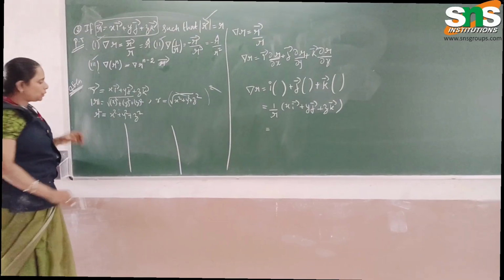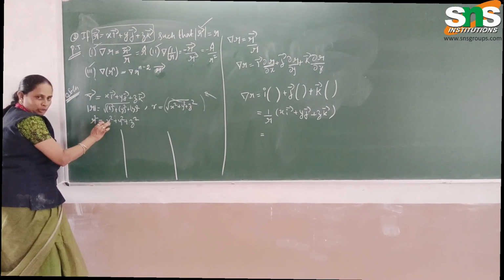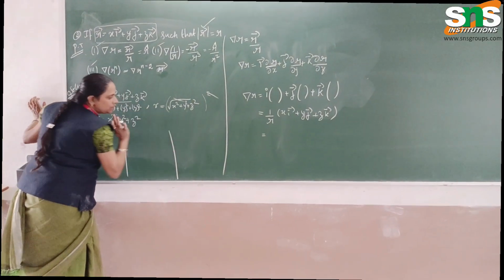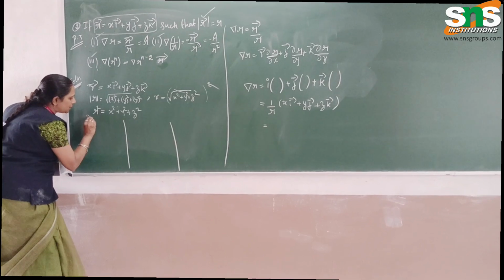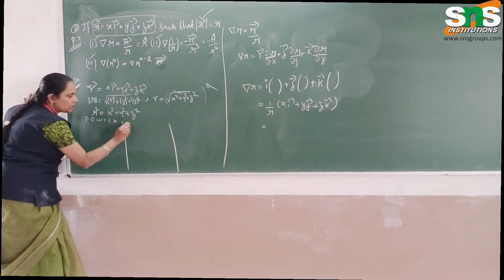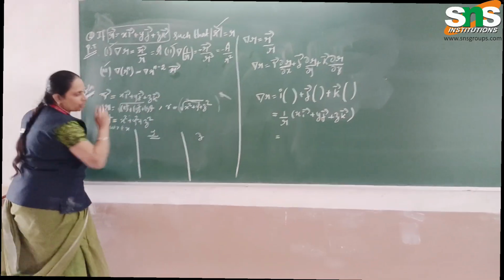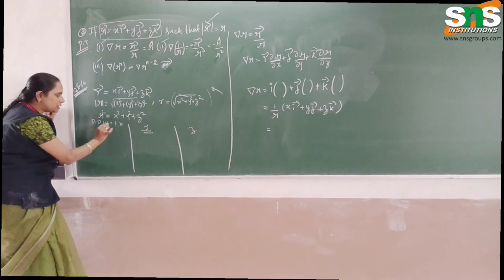Then we have to partially differentiate with respect to x, with respect to y and with respect to z. First we partially differentiate with respect to x.